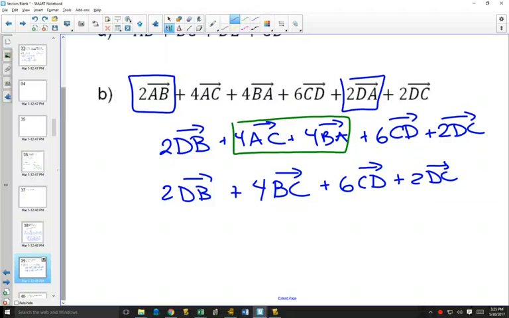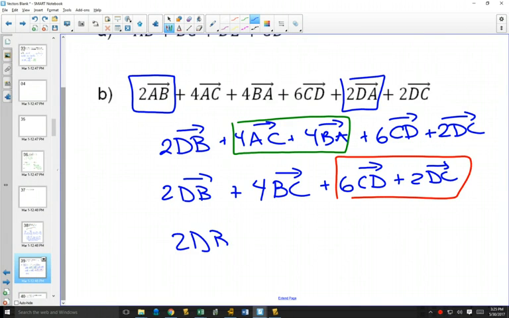Okay, but so now maybe you decide, okay, I want to do this. So I've got 2 dB plus 4 BC. And now I put those together and say that's going to be 4 CDs. And then these two could go together, right?